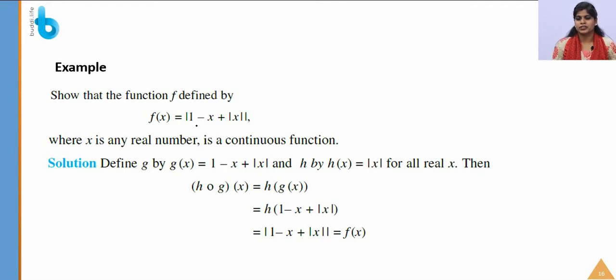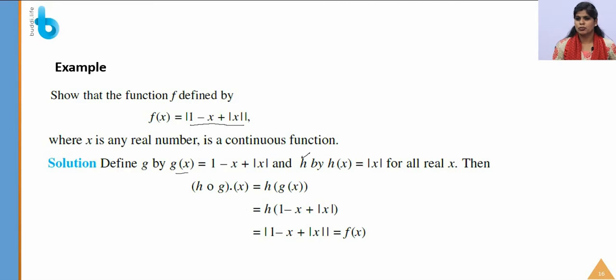In the given function, the terms inside this modulus alone we will take as g of x, and define the function h by h of x equal to mod x, for all real x.